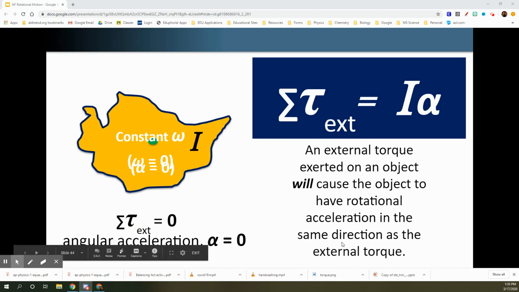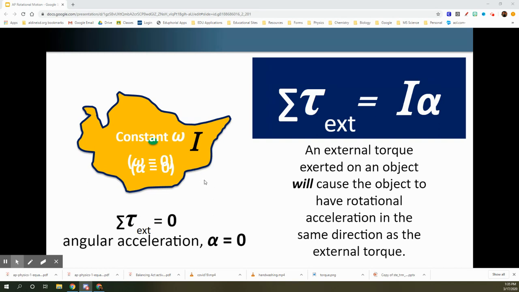Okay, and we have to remember something. One of the first concepts we got confused on is saying things like, if there's no acceleration, then there's no velocity, which we learned is not correct. If there is no acceleration, it just means it could be moving at constant velocity.